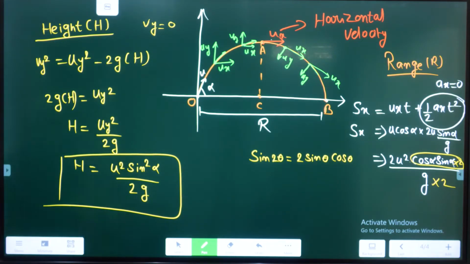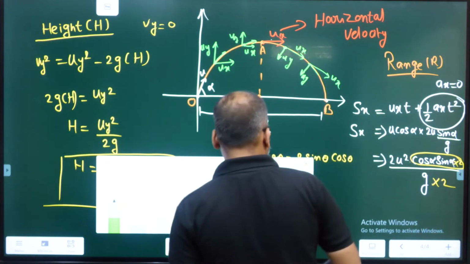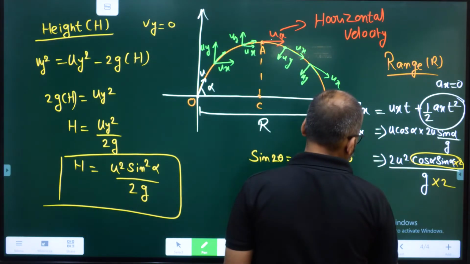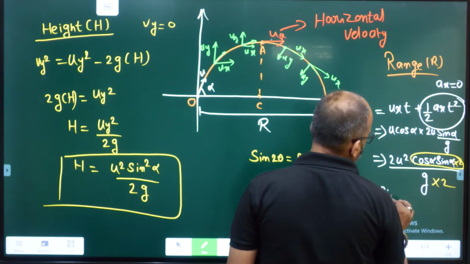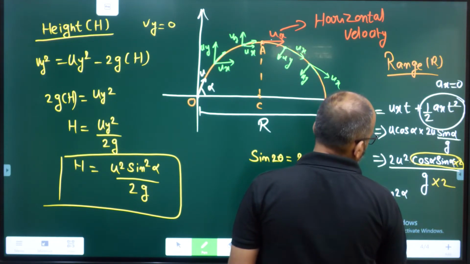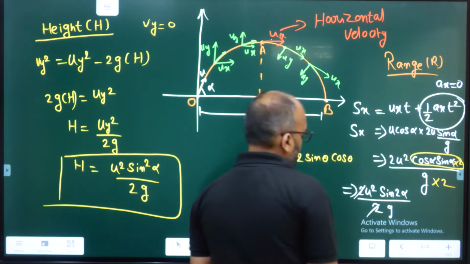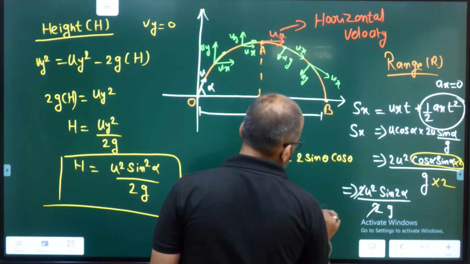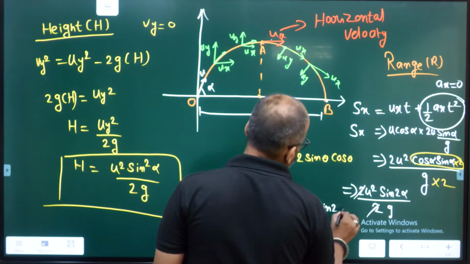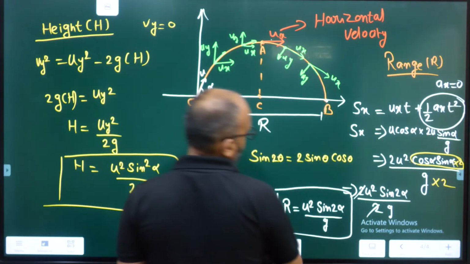Yes, sir. Right? So I can write it as 2u square sin 2 alpha upon 2g, the 2 cancels out. So range comes out to be u square sin 2 alpha upon g. That's the formula for range.